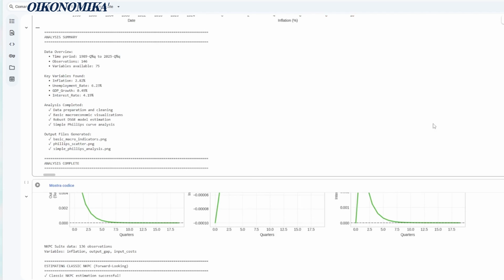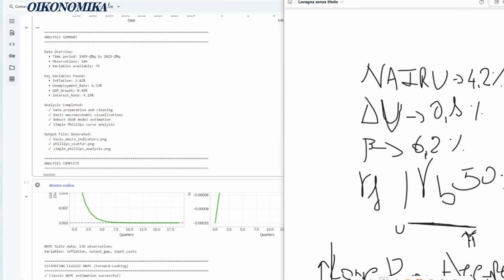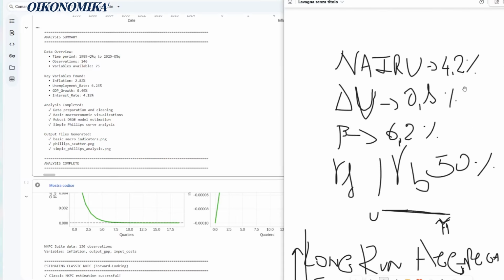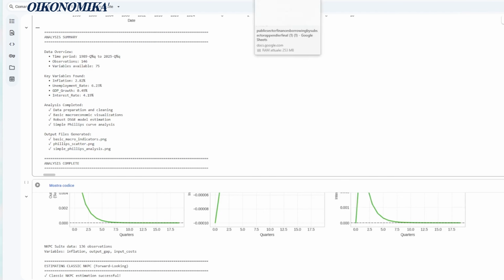Another thing that, if you are a layperson, you basically ignore, but even policymakers: the average unemployment rate is 6.2%. So structurally, the average unemployment rate is not 4%. The NAIRU is 4.2%, the non-accelerating inflation rate of unemployment, but the average rate of unemployment is different.